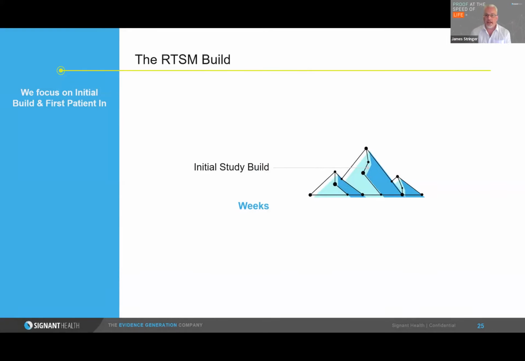So in the RTSM industry, and everyone's the same, you can look at all the marketing from every vendor everywhere now, and it's done for the right reasons, don't get me wrong, but we all focus on how do we get that first patient in, and it goes back again to how I perceive RTSM is provisioned.